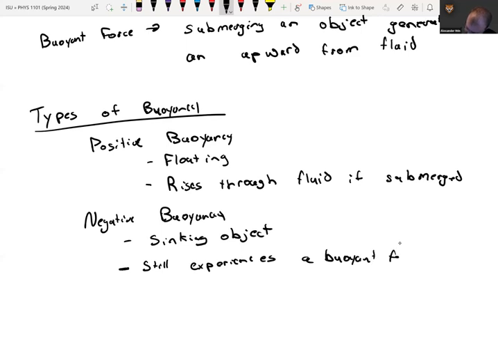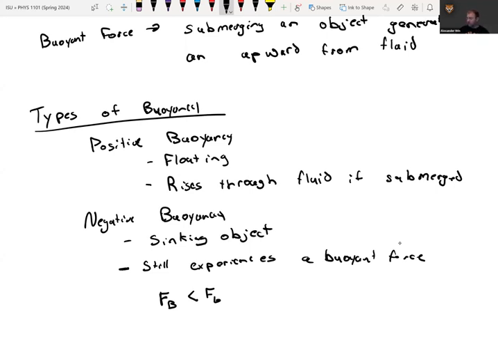The idea here, though, is that the force of buoyancy is less than the force of gravity in terms of magnitudes. The force of gravity is opposite the force of buoyancy in direction, but the force of buoyancy is going to be smaller than the force of gravity, which means that gravity is still going to win. However, the buoyant force does in fact decrease the weight of an object.